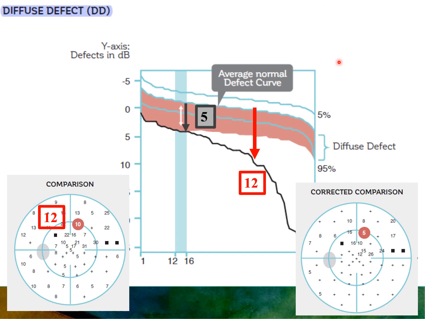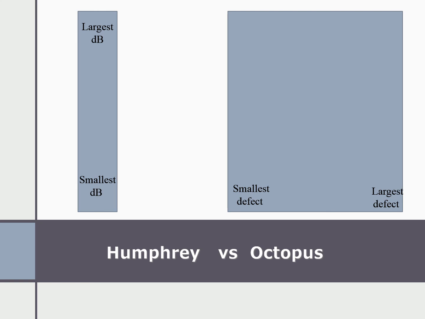These 12 decibels, 5 of them due to media opacity or generalized depression, and the actual local changes amount to the remaining 7. So as you notice, both the Humphrey and octopus make correction to get rid of the media opacity or the generalized depression, but with different mechanisms.